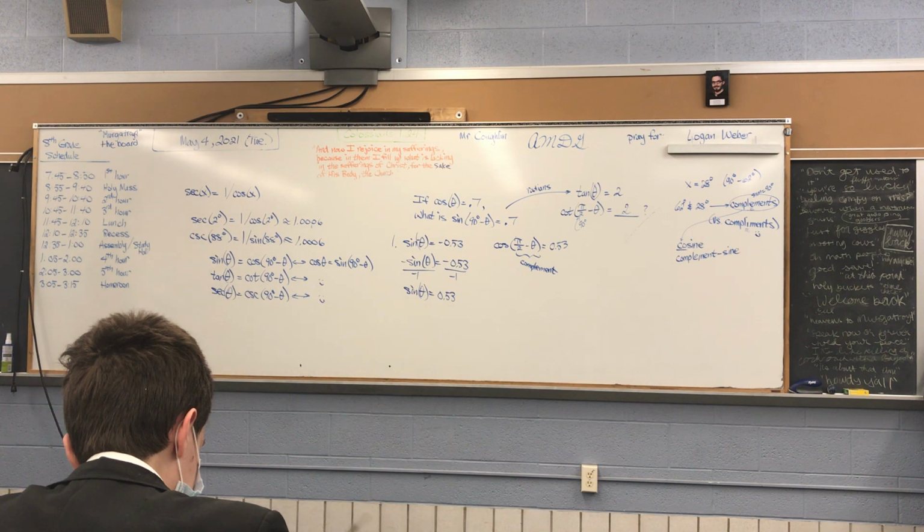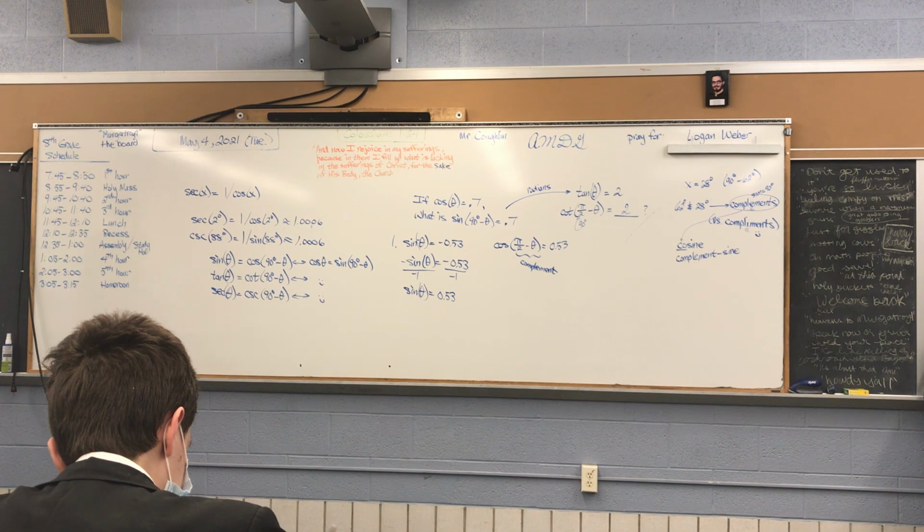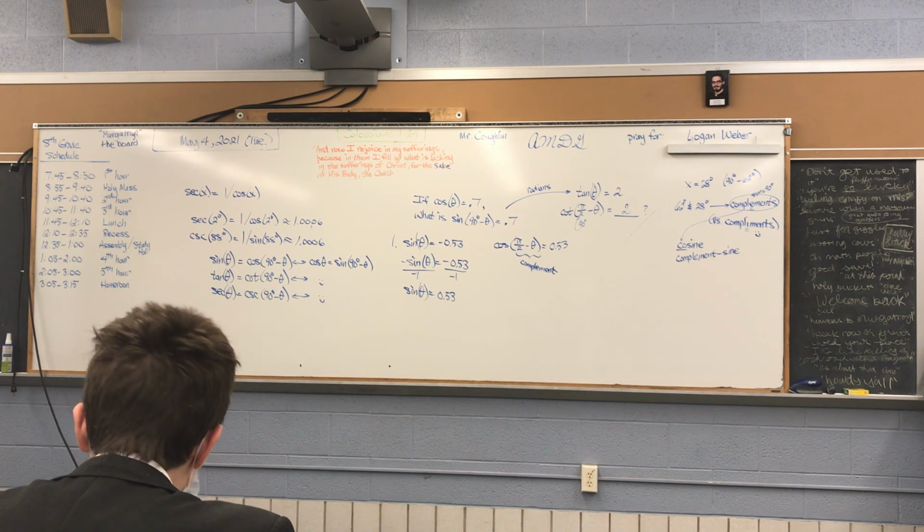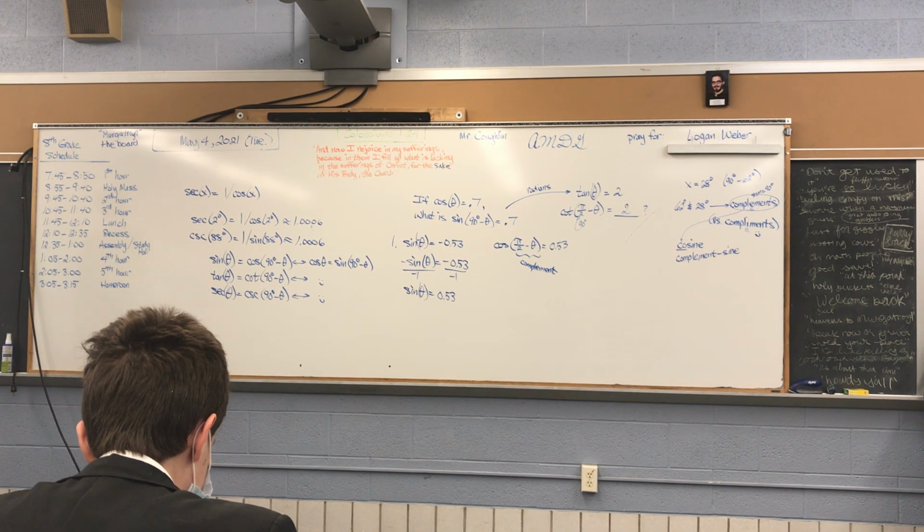Number 5, secant of negative theta, that's going to be an even function. So what's secant of regular theta? I'll give you the first half of this. What's secant of regular theta if secant is even? Does the sign switch or stay the same? If it's even, it stays the same.